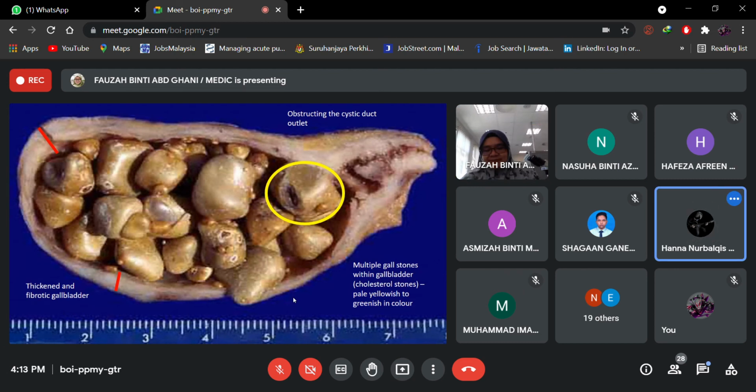Sebab the gallbladder tu enlarge. Other than enlargement, the thickened. Doctor, can we say it's chronic sebab dia thickened, so tu macam response to the inflammation. So yes, it's chronic, definitely. The thickening of the gallbladder is significant.